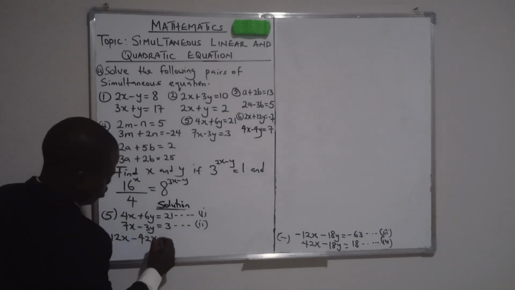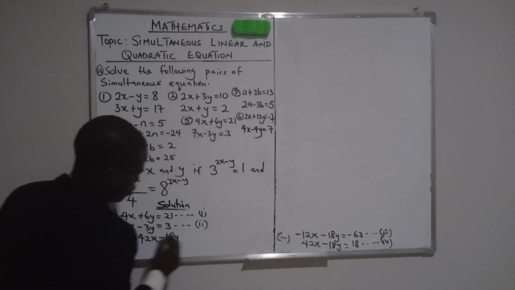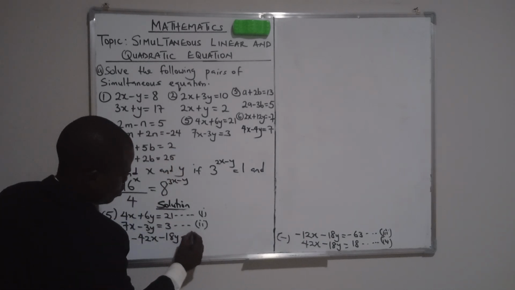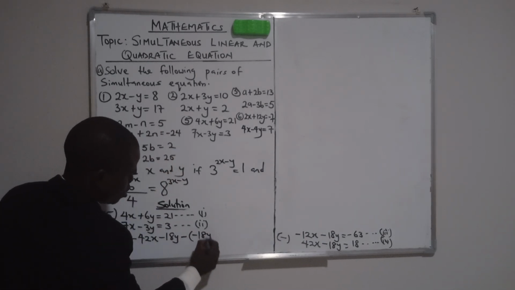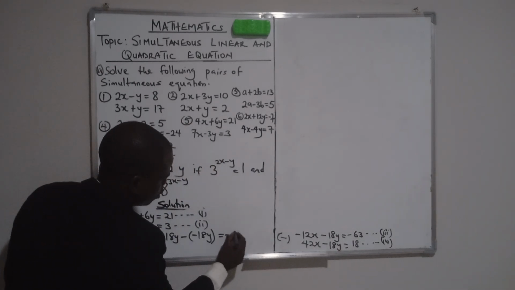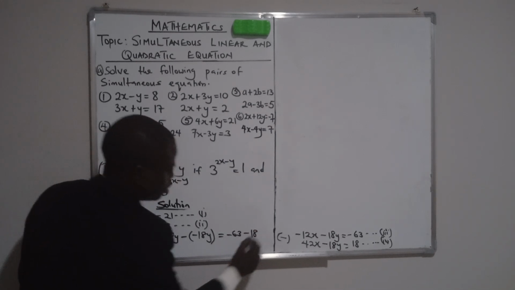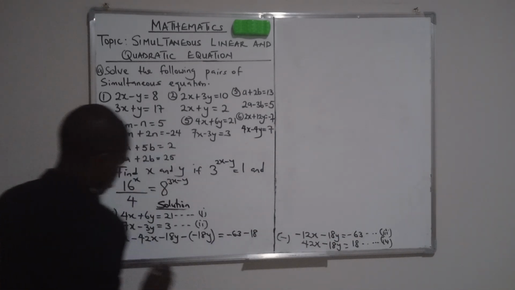Pick this one also. Minus 18y minus 18y equals to, return back to this, minus 63 minus 18.